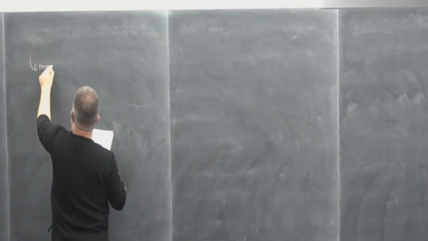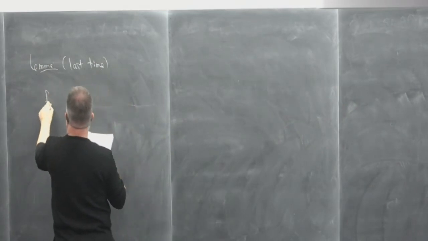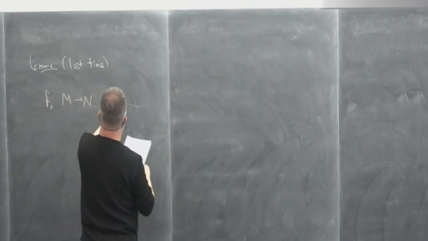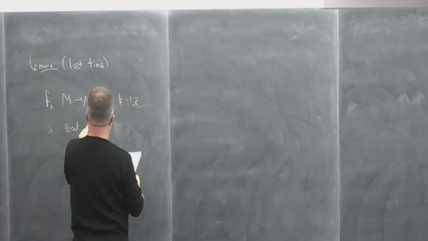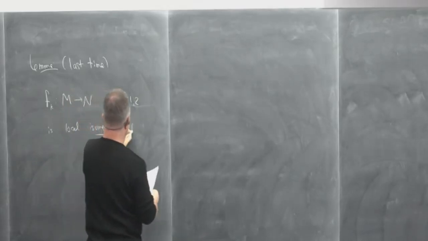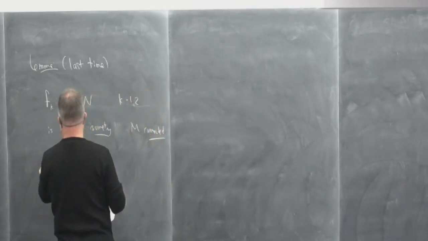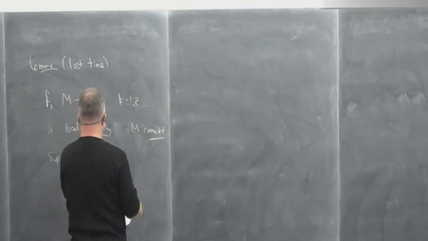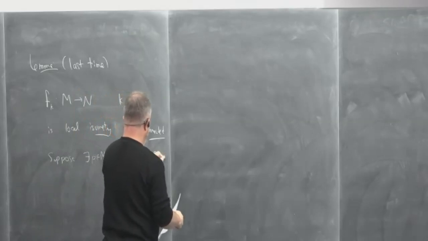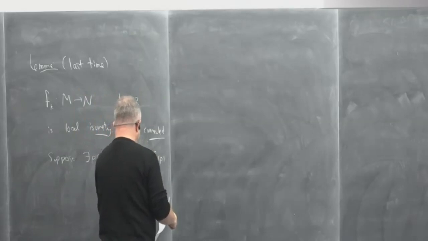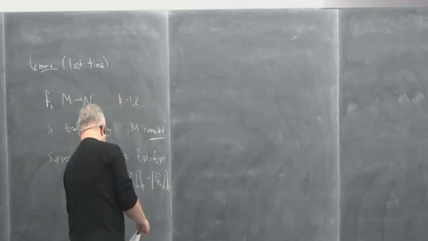So lemma from last time: if we have two Riemannian manifolds, and for k equals 1, 2, f_k is a local isometry, and M is connected, suppose there exists a point p in M with F1 of p equals F2 of p, and the push forward at p agrees for F1 and F2, then F1 equals F2.